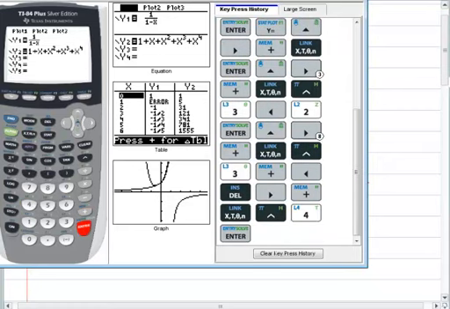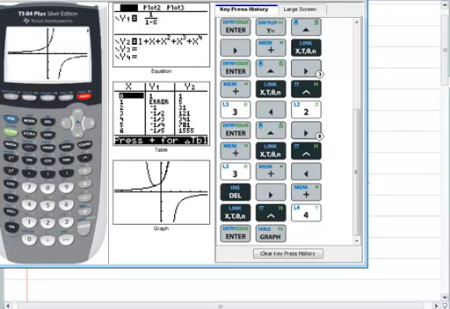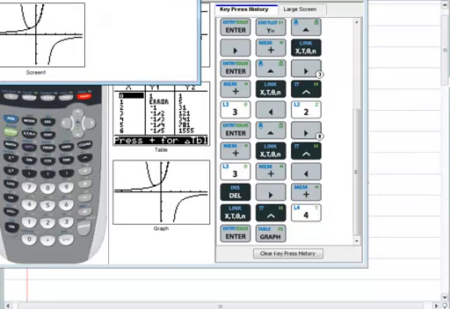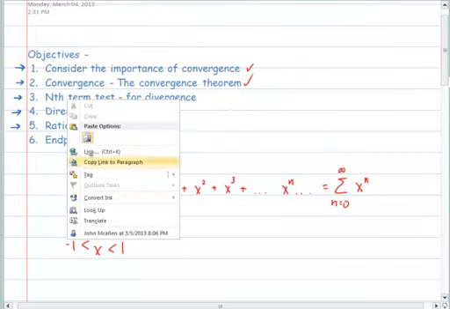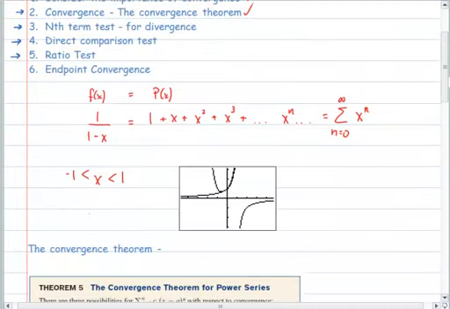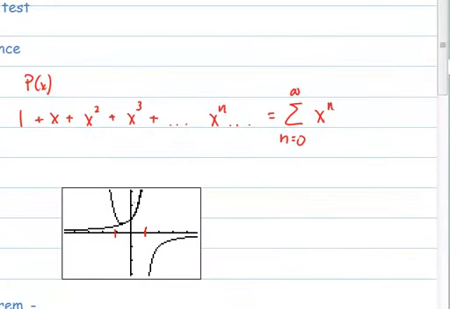If you look at the window closely, you'll see that within the domain between 1 and -1, I have a pretty good fit. And then right here it starts to break away. So as long as I keep the x value between 1 and -1, it appears that I have convergence.